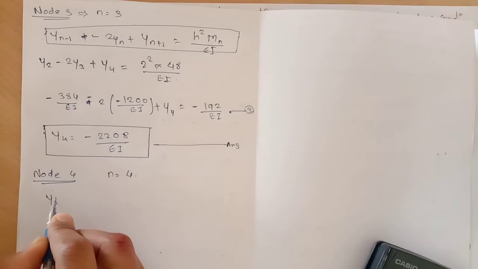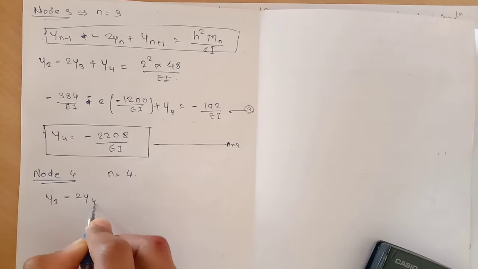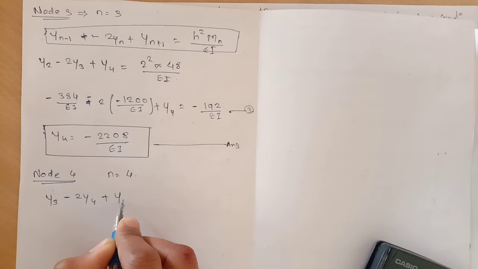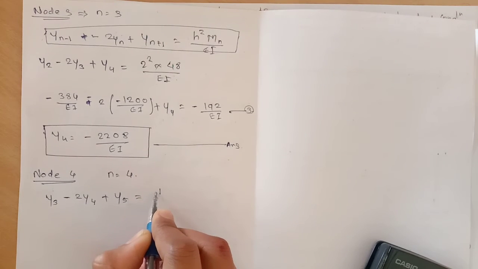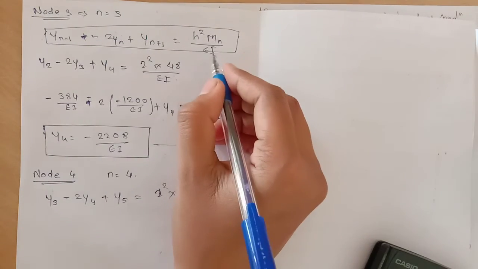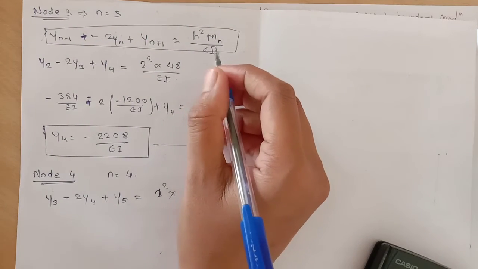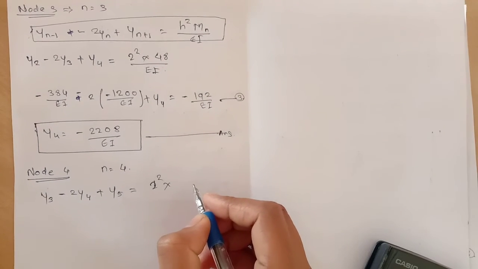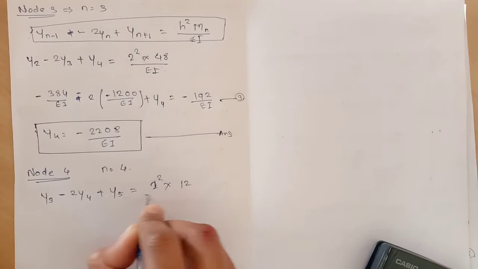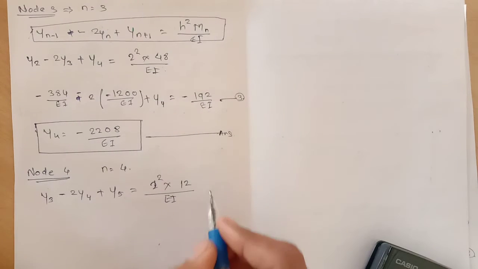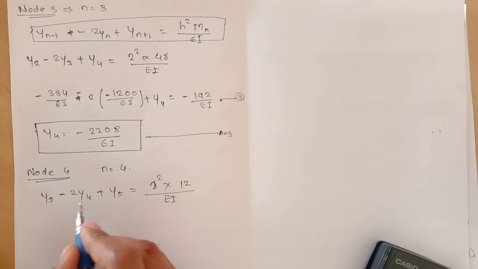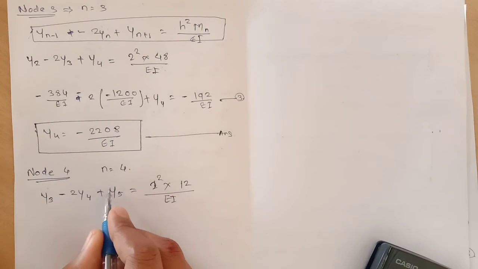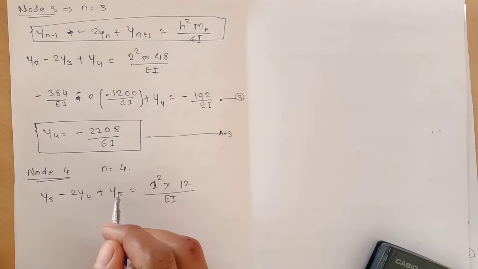So y(4-1), that means y3, minus 2y4 plus y(4+1), that means y5, is equal to h squared into Mn, that is the moment at the fourth nodal point, 12 kilonewton meter, divided by EI. Then put the y3 value and y4 value in this equation and we get y5, that means the deflection at the fifth nodal point.